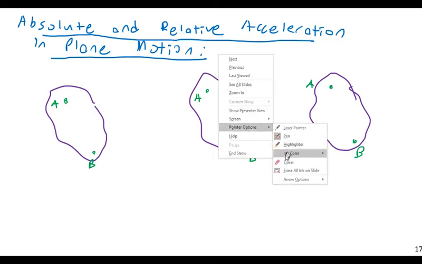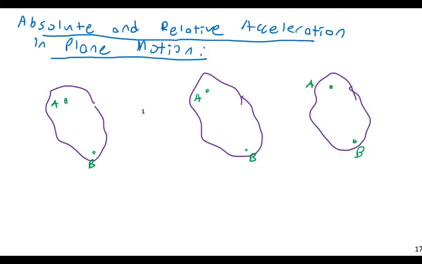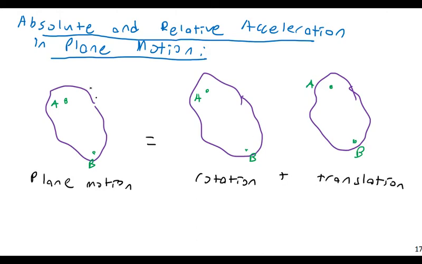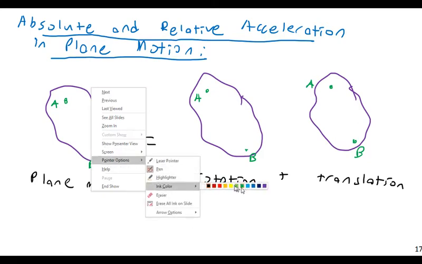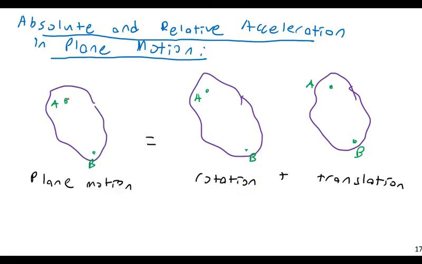And again, I will say that plane motion is equal to rotation plus translation. So initially we had just arbitrary velocities at A and B. Actually, let me say, not velocities here, let me say acceleration, sorry about that.